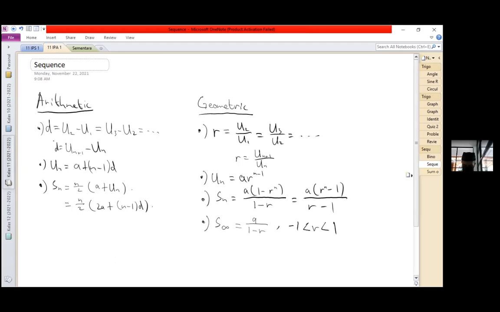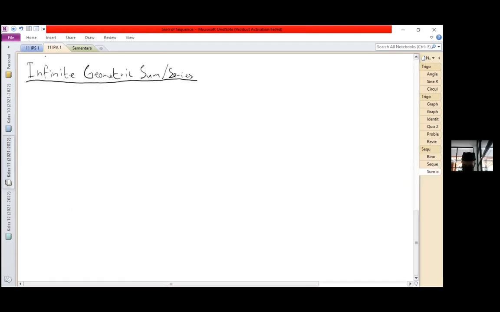First, this is called convergence. So if we have an infinite series or infinite sum, then there are two possibilities. The first one is that the series or the sum converges, or the other possibility is that it will diverge.